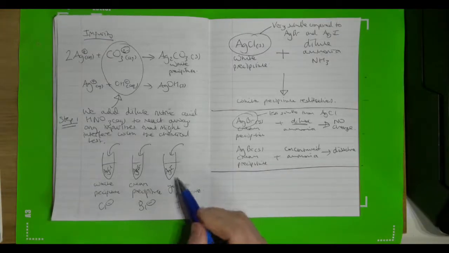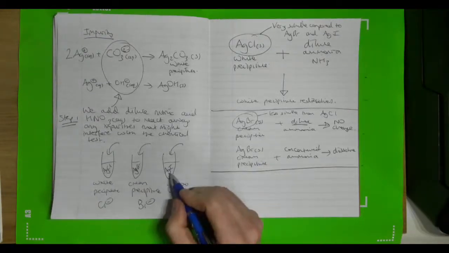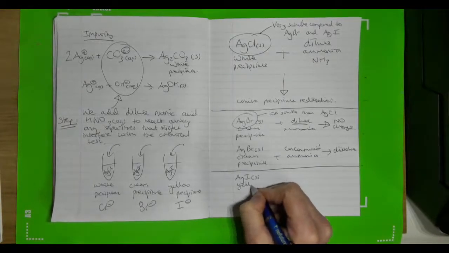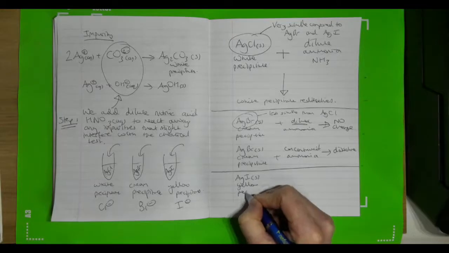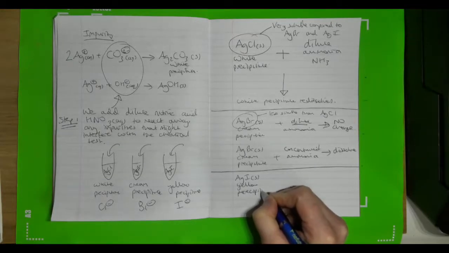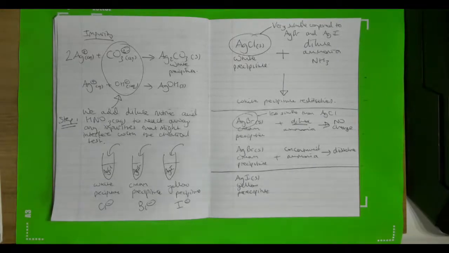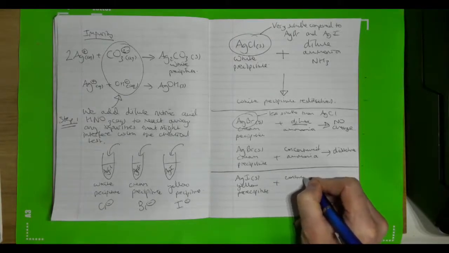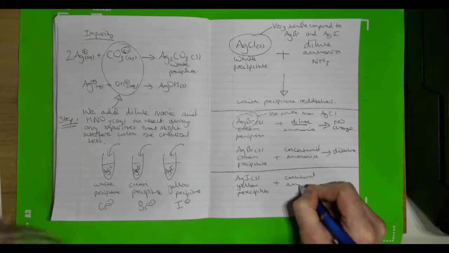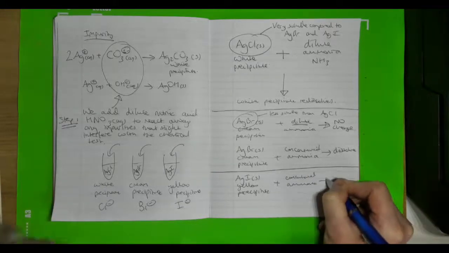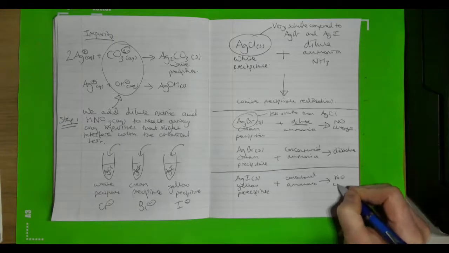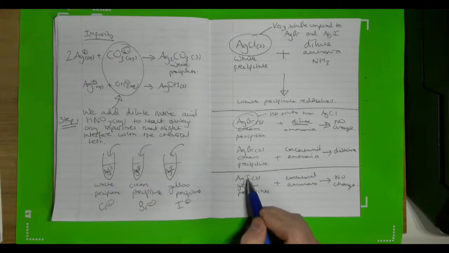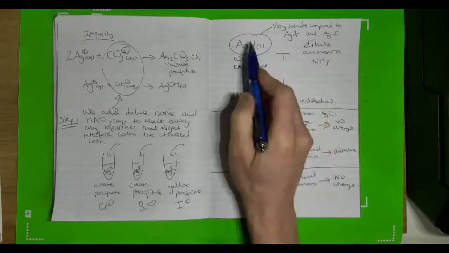If you want to be sure that these are iodide ions there, you would take your silver iodide precipitate, which would be the yellow precipitate, and then you would add concentrated ammonia, and if it still didn't dissolve, you know that it's silver iodide and not silver bromide or silver chloride.